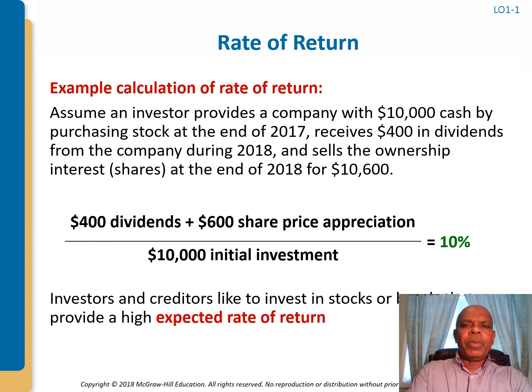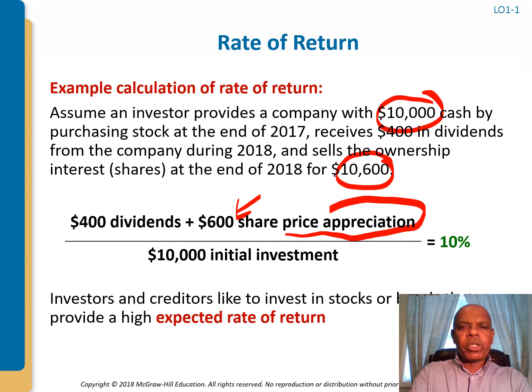Now you can see they purchased the stock for $10,000 and sold it for $10,600. They make $600. That's what we call share price appreciation, right? You make money. If you had no dividend at all, you still make $600. On top of that, they also got $400 in dividends from the company.